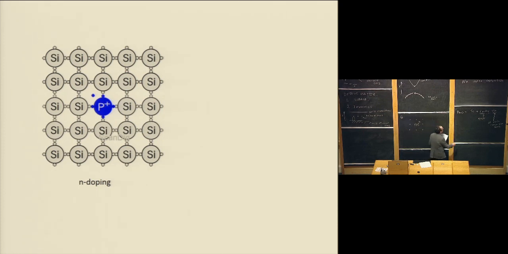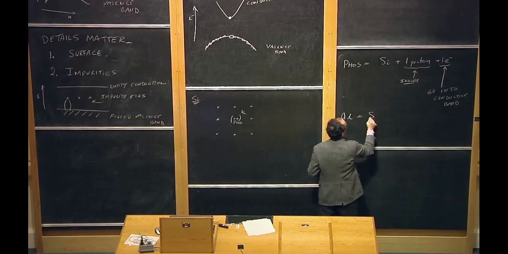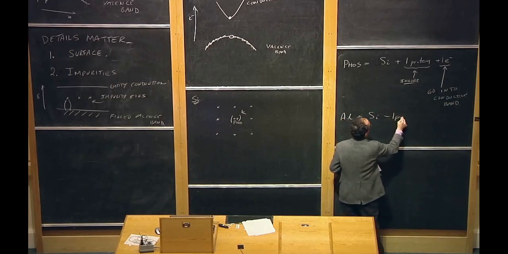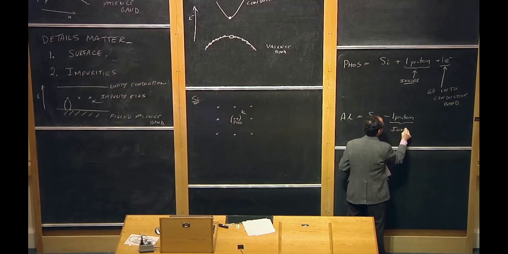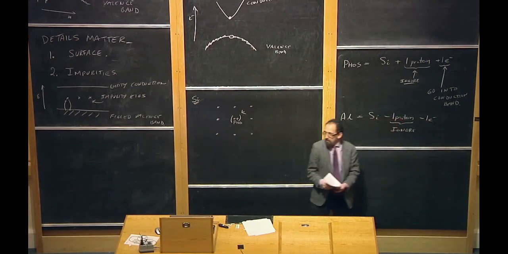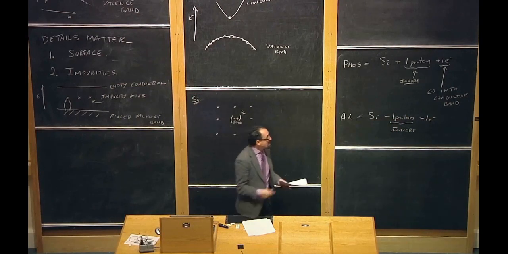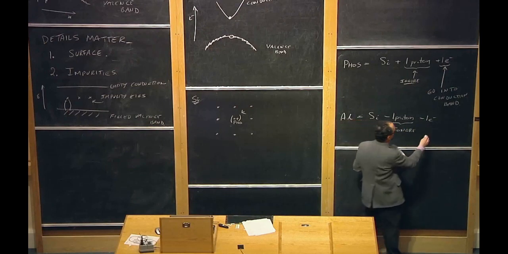You can play the same game with a different dopant. On the other side of silicon is aluminum. Aluminum is silicon minus one proton, and again, we don't have to worry about the proton too much. We can ignore it, and we'll justify that later. Then it's minus one electron. So with aluminum, we're missing one electron that we need to fill the valence band. So this adds a hole.